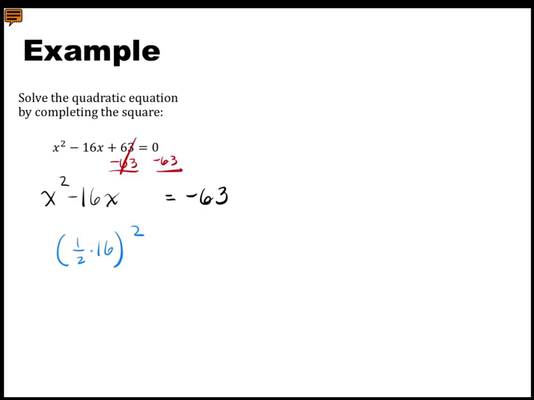Notice I'm ignoring the sign of the 16. Technically it's negative 16. I'm ignoring it because I know that when I square, it will be positive anyway. Half of 16 is 8, and 8 squared is 64. So the left-hand side needs a 64 in order to be a perfect square.